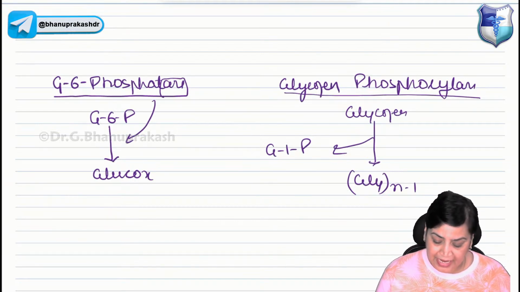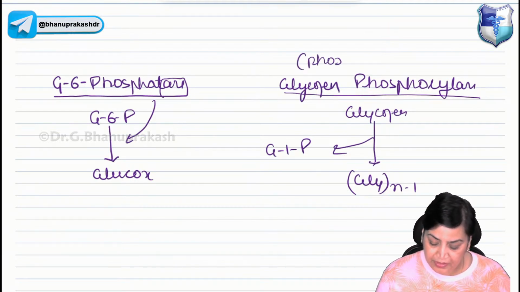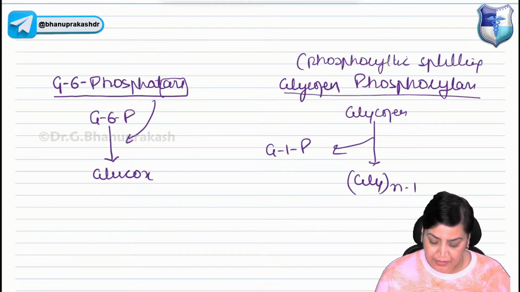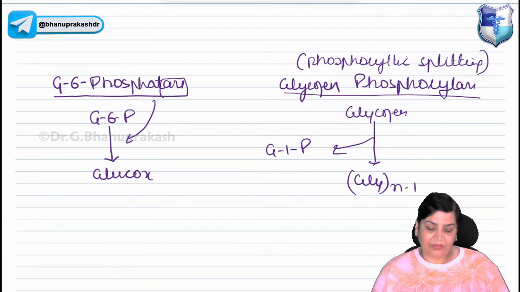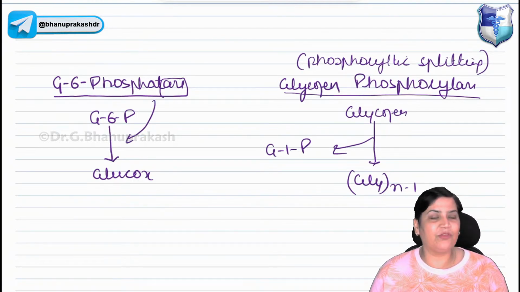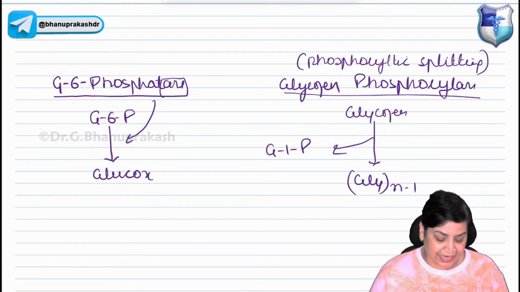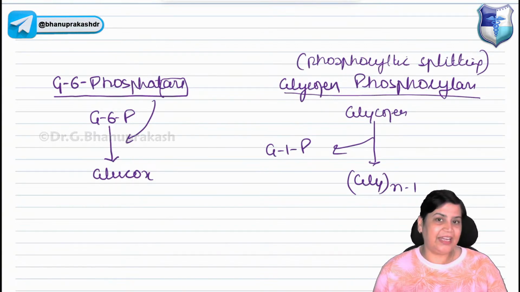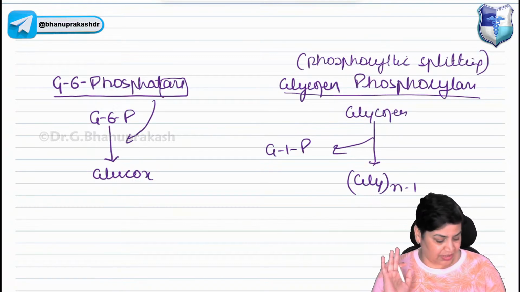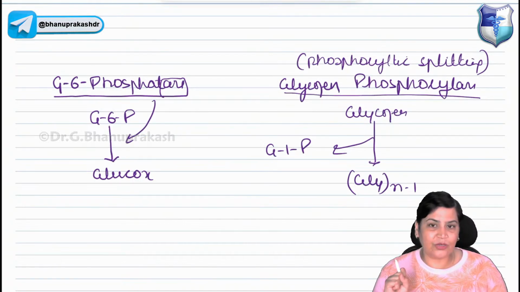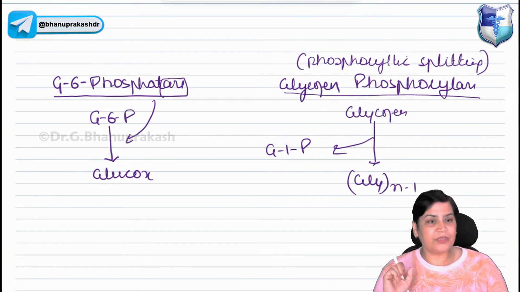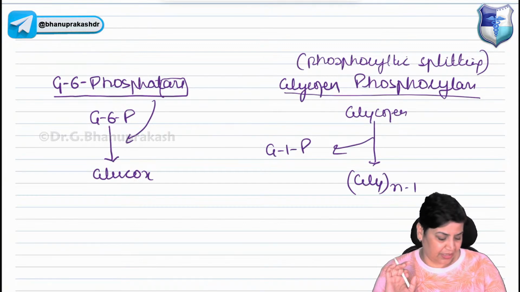So it is phosphorylytic splitting. That is why we always write the rate limiting enzyme of glycogenolysis as glycogen phosphorylase, not glucose 6 phosphatase, because we are degrading glycogen, we are not degrading glucose. Got my point, Sandeep? Is it clear to you now? Because beta, enzymes are very important.